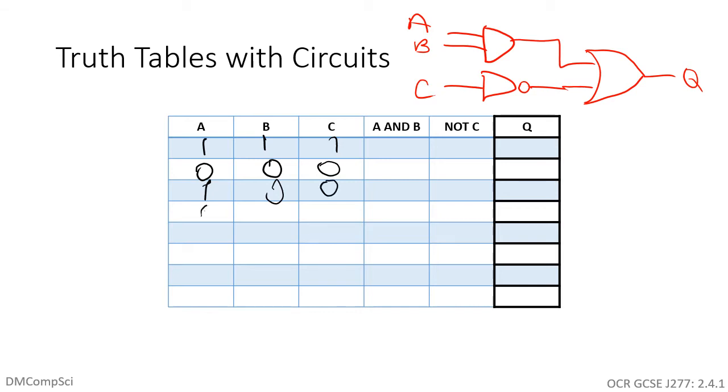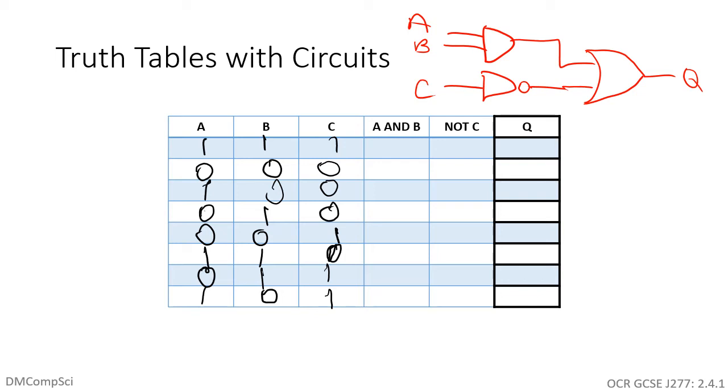We could have A being 0, B being a 1, C being 0. We could have A and B both being 0, C being 1. We could then have A and B being 1 and C being 0. We could then have A being 0, B and C being 1, and then finally we could have A being 1, B being 0, and C being 1.